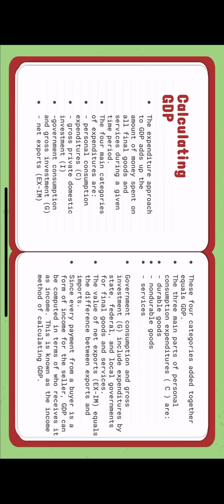Calculating GDP. The expenditure approach to GDP adds up the amount of money spent on all final goods and services during a given time period.